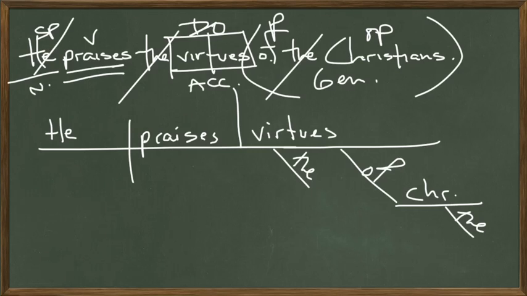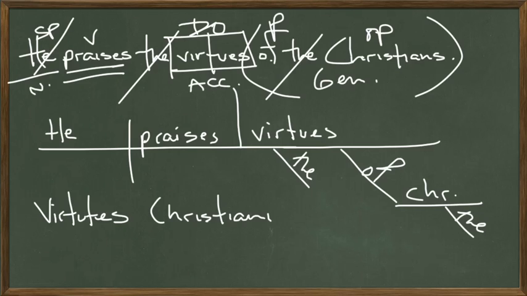And we'll start with virtues. Virtutes, we had this in the last one, only we had one virtue, so it was virtutem. Now we have virtutes, plural virtues. To say of the Christians, we write Christiani, which is Christians.